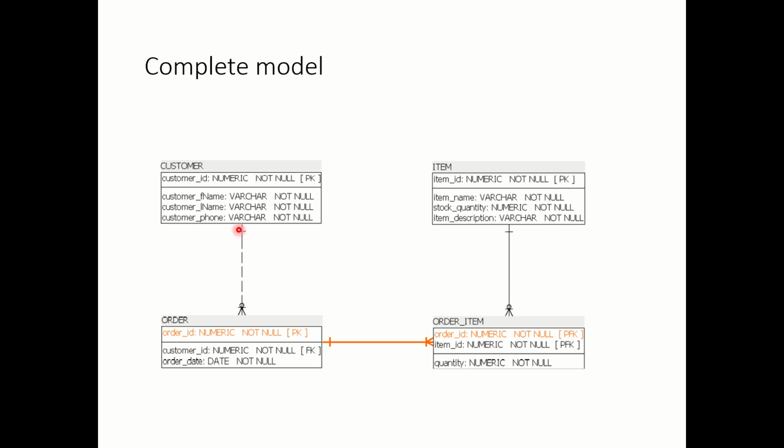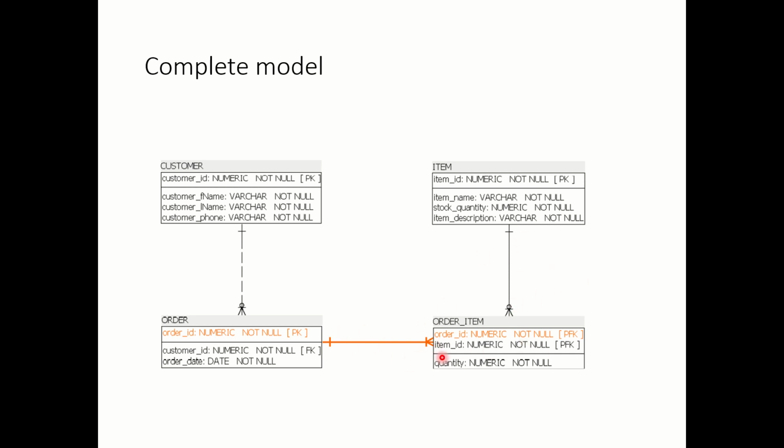The non-identifying relationship will be in dotted lines. And when you look at the relationship between order and item, there is an M:N relationship. Now you have come out with the composite entity in order to break that M:N relationship. The type of line we have used here is a solid line.